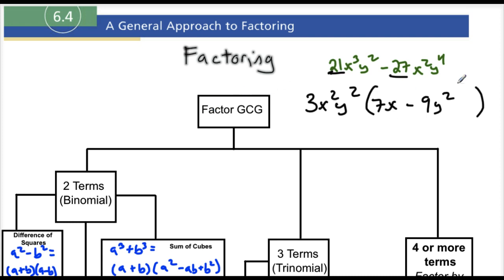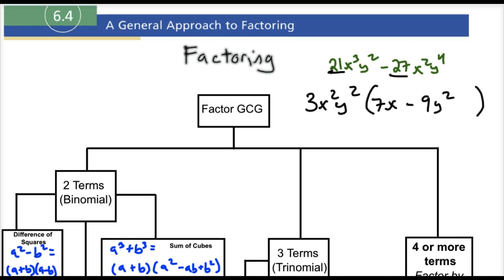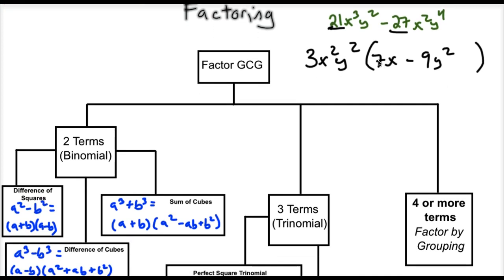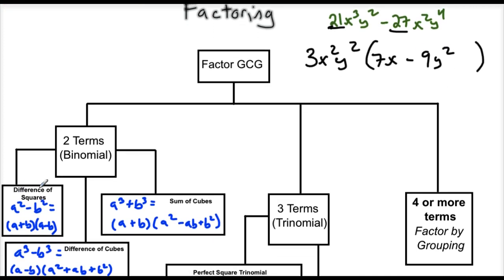Now we look at what's inside, because we factored that out, and this is a binomial, which means we have 2 terms. So the question is: is this a difference of squares? Can I write the first term as something squared and the second term as something squared? The second term you can write as a square, this would be 3y squared, but you can't write 7x as a square, so it's not that.